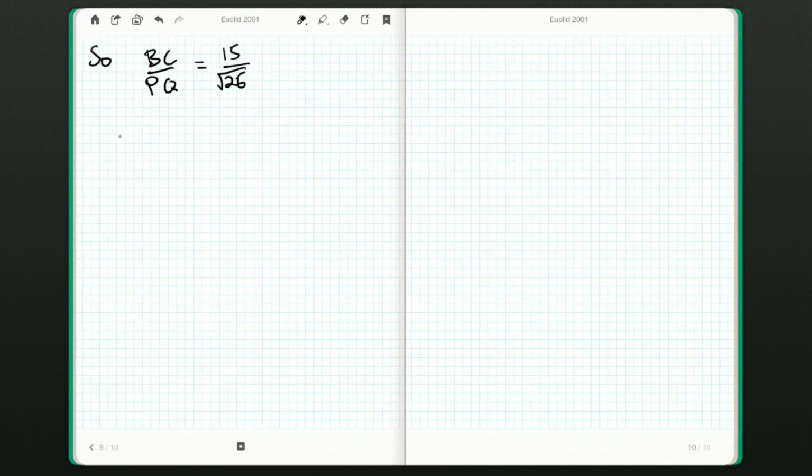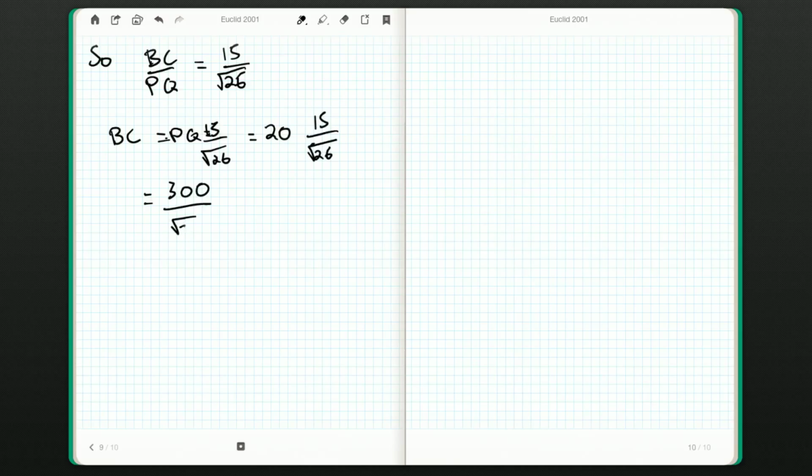But we know PQ is 20. So BC is equal to PQ, just multiplying both sides by PQ, times 15 over root 26. And now we'll substitute in our value of PQ, which is 20. 20 times 15, that's going to be 300, so it's going to be 300 over root 26. That's the value of BC.